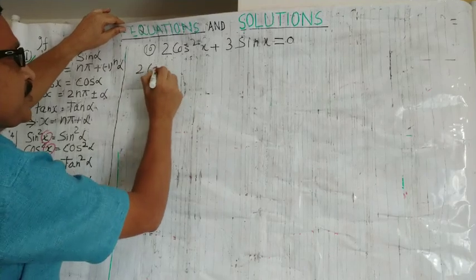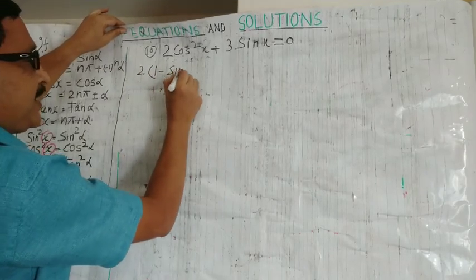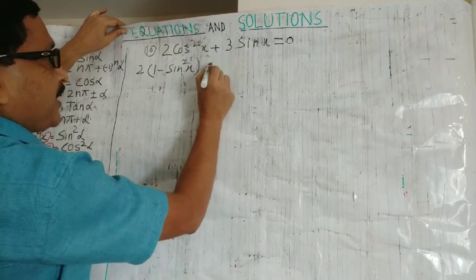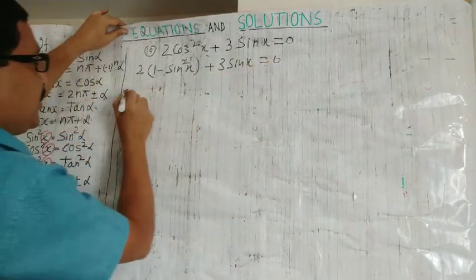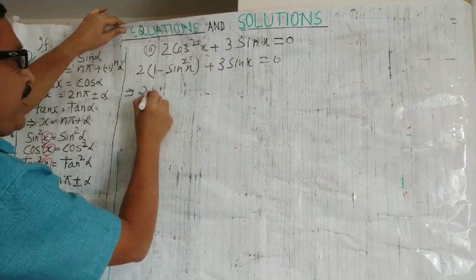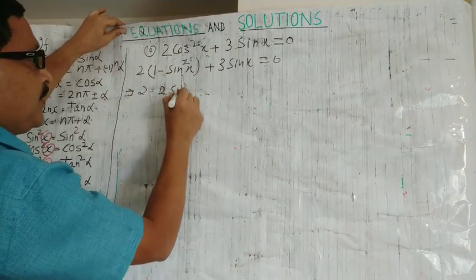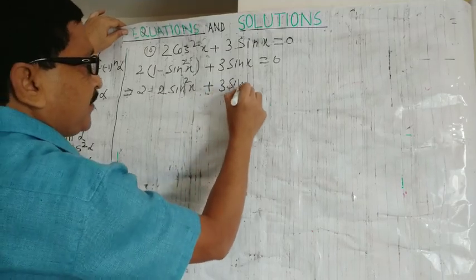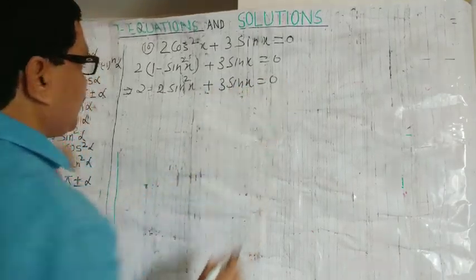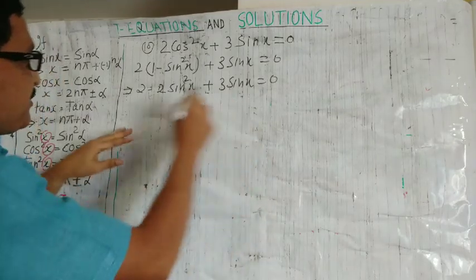2 cos square x is 1 minus sine square x, plus 3 sin x is equal to 0. Now break the bracket. 2 minus 2 sine square x plus 3 sin x is equal to 0. Now write in proper order.